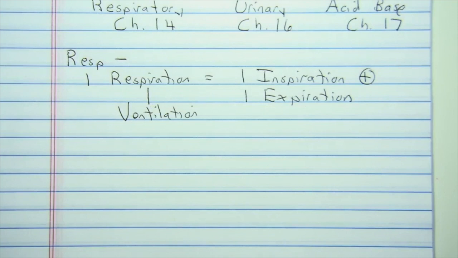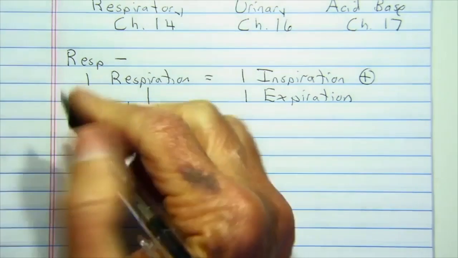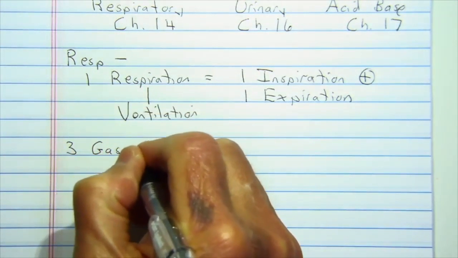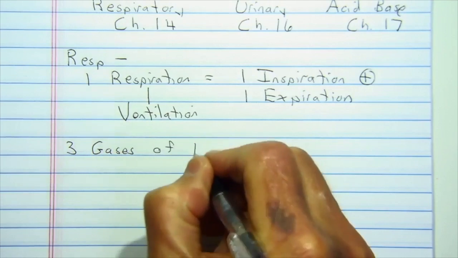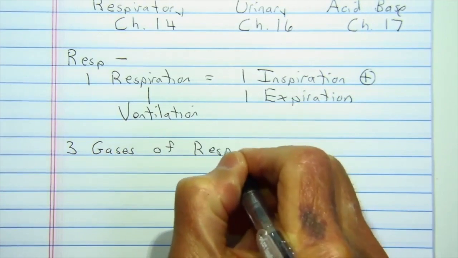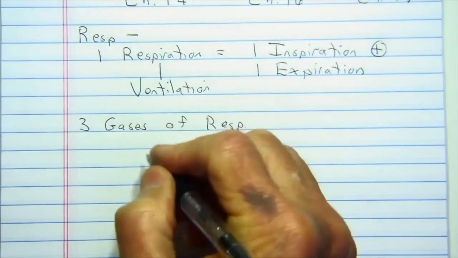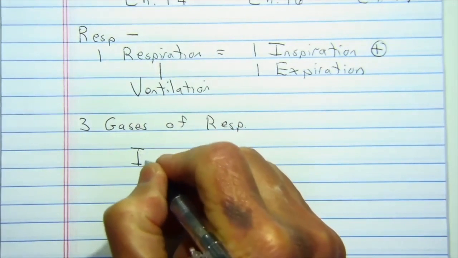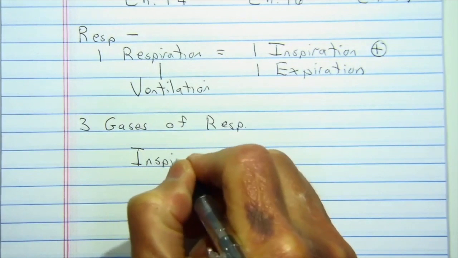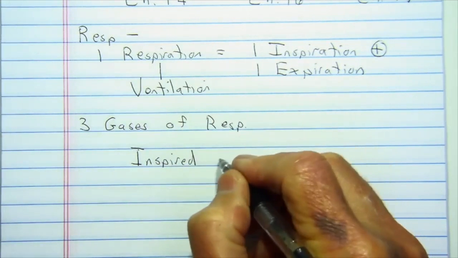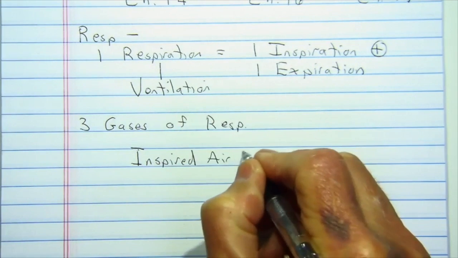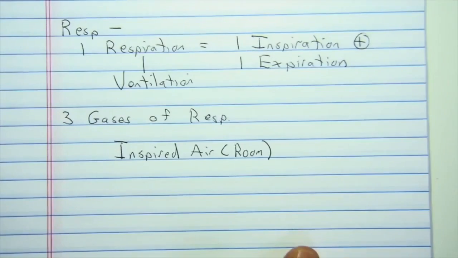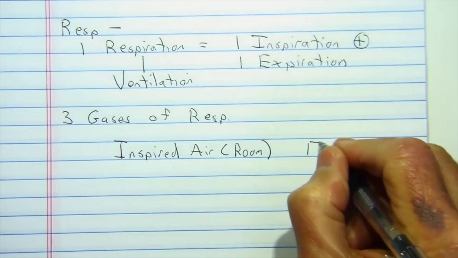And let's first of all, to understand that, think about the three gases of respiration. The three gases of respiration are going to look at two different numbers. One is going to be inspired air, and inspired air we're going to think of as room air. And then we're going to think of expired air.